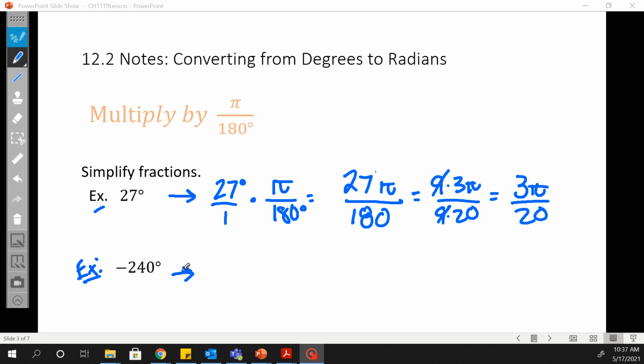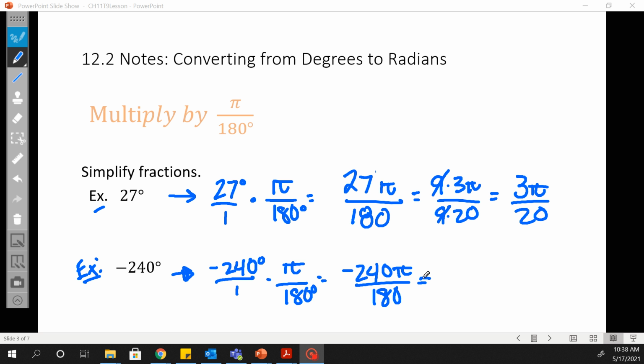What about negative 240 degrees? Negative 240 degrees over 1 times pi over 180 degrees equals negative 240 pi over 180. Once again, we simplify.